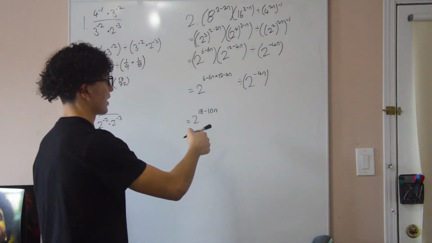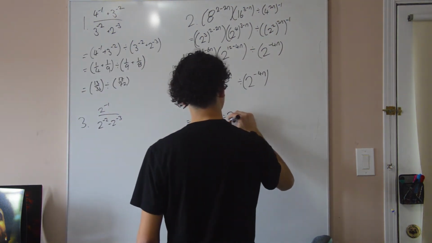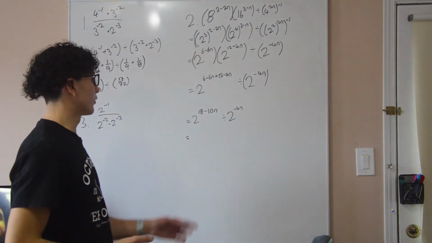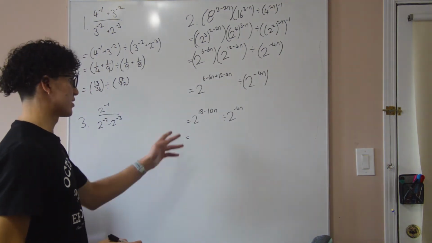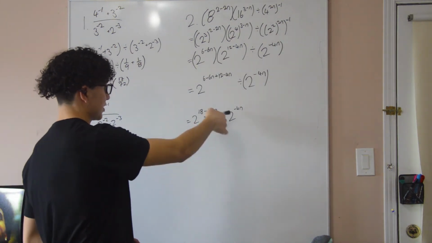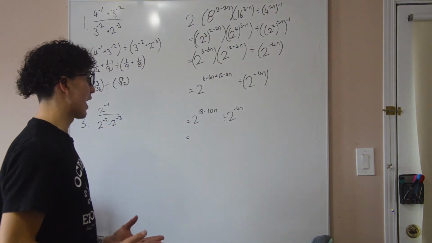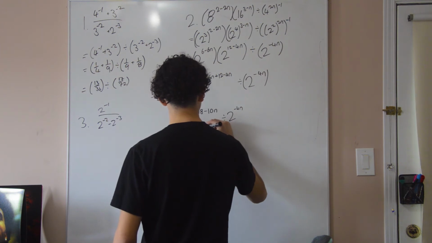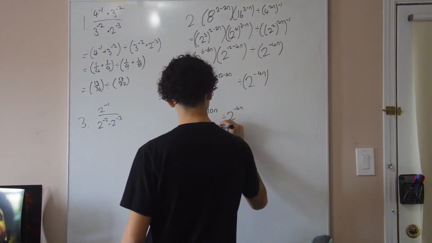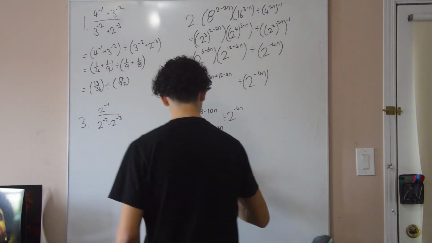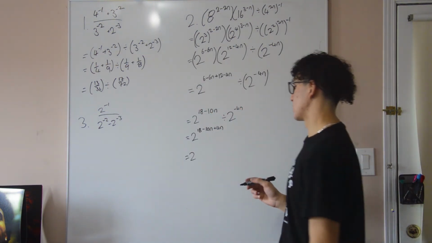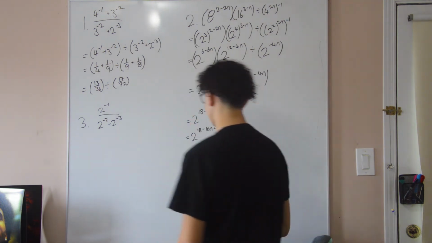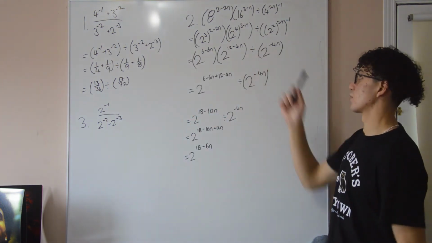So 18 minus 10n divided by 2 to the negative 4n. And again, an exponent rule, when we divide exponents with the same base, we subtract. And since we're subtracting a negative, we're really just adding it here. So this becomes 2 to the power of 18 minus 10n plus 4n, just like that. And our final answer becomes 2 to the 18 minus 6n. And that is our final answer for this question.